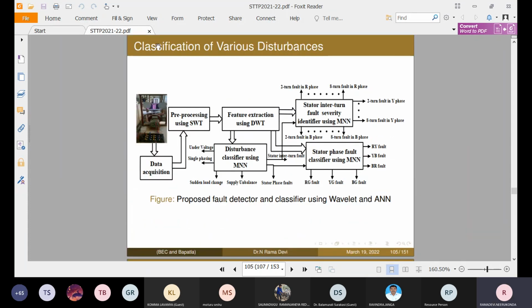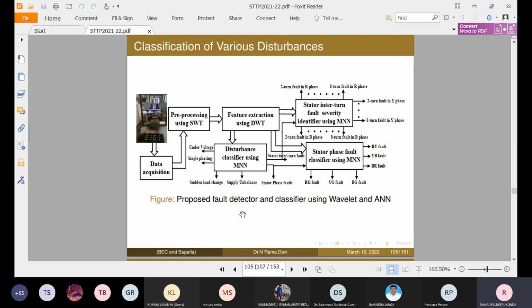So coming to the classification of various disturbances, we take supply side faults and stator faults. All these faults we must effectively identify, which type of disturbances happen on the machine.